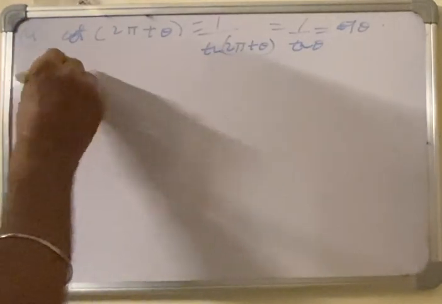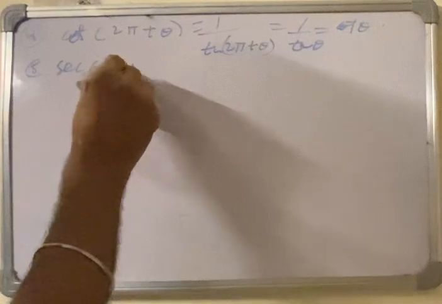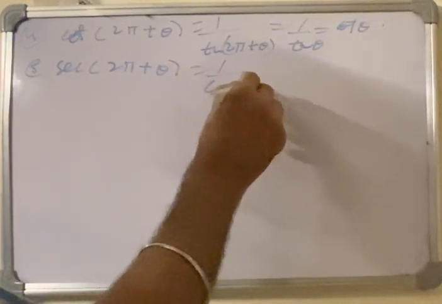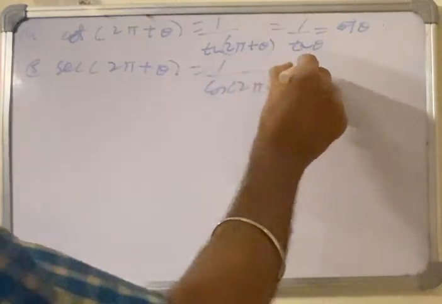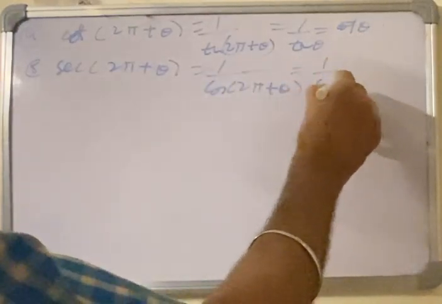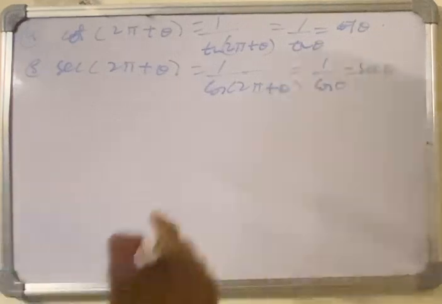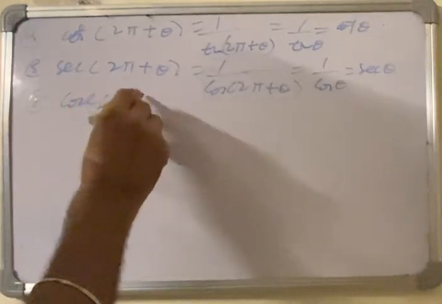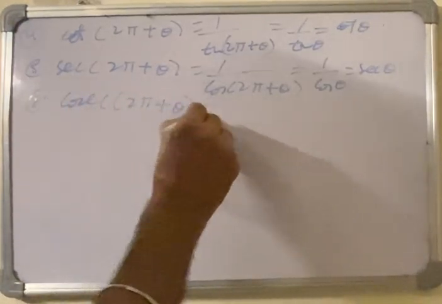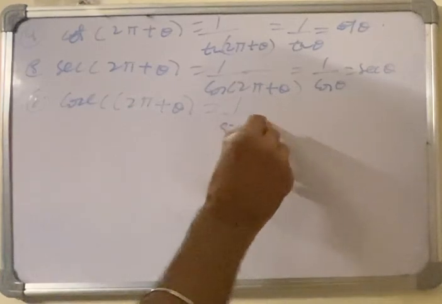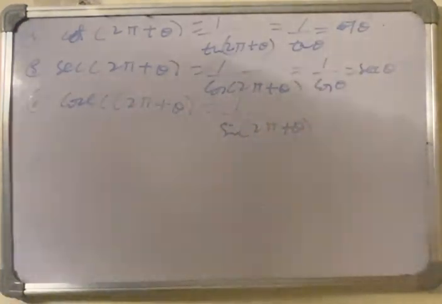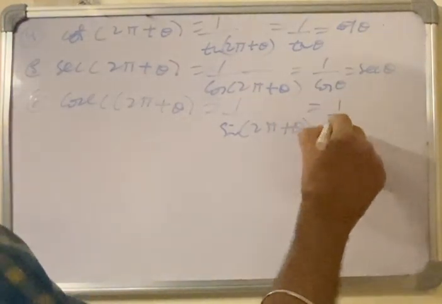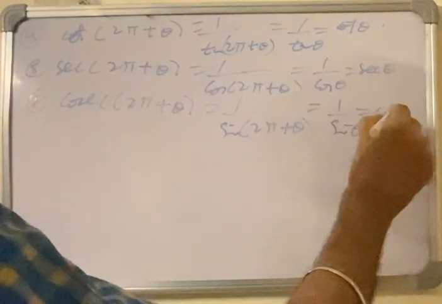Number 5, secant 2 pi plus theta is 1 over cos 2 pi plus theta is equal to 1 over cos theta is equal to secant theta, it remains same. Last is cosecant 2 pi plus theta is equal to 1 over sine 2 pi plus theta, 1 over sine theta is equal to cosecant theta.